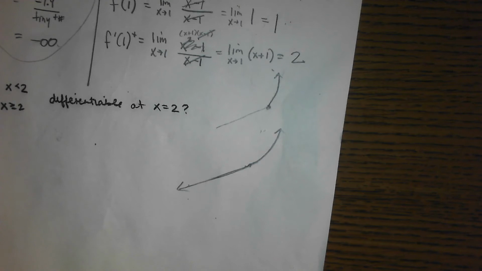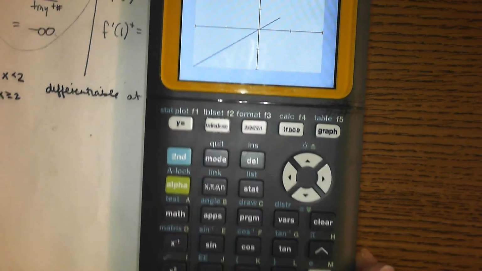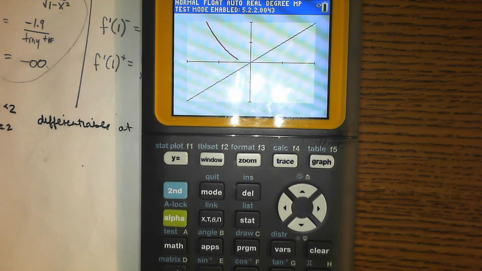I don't know how this would transition to a graph, and it's hard to see because I can't do a piecewise on my calculator, but I can draw over that as my first piece and this as my second piece. It's not overly obvious, but that's why we have the algebra to back it up.